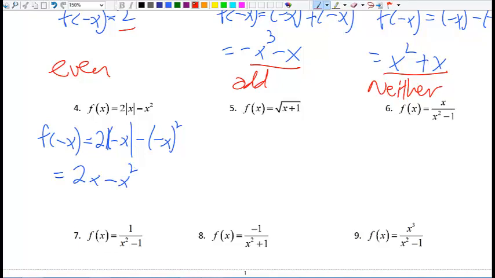Now, just think about the definition here. If you compare that to the original, the two absolute value x is a positive term, and this is a positive term. The minus x squared is minus, it's minus. So it actually stays the exact same. And so this would be an example of an even function.